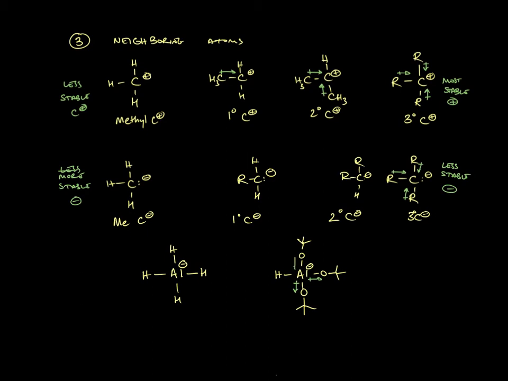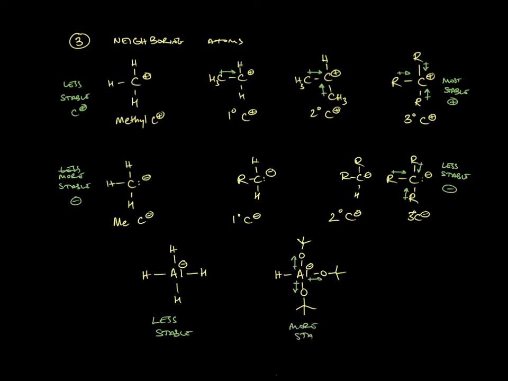Aluminum with a minus charge is relatively unstable. However, in this case, it has too many electrons. The oxygens are pulling the electrons away. And because it had too many, this is a much more stable Al-. So this guy on the left would be comparatively less stable. This guy on the right would be comparatively more stable.